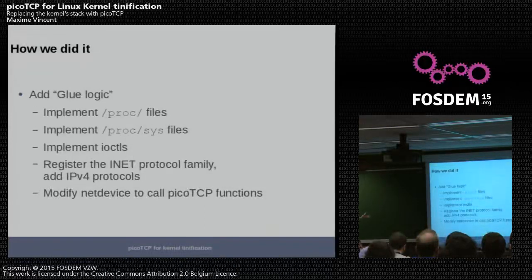And then another step that we need to take is to modify net device, which is this layer that allows you to communicate, receive and transmit packets to any network device that the kernel supports. And we have to reroute these packets to and from the PicoTCP stack as well.